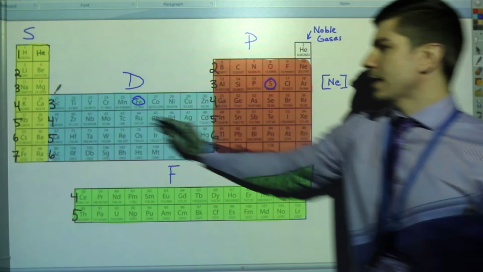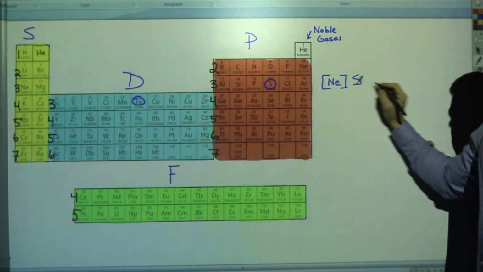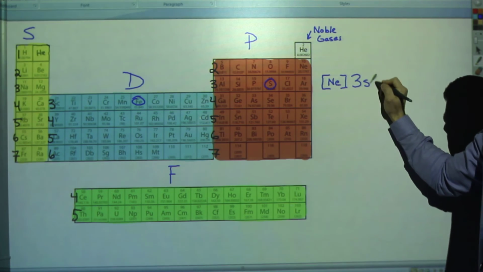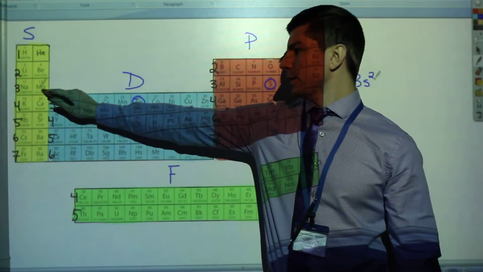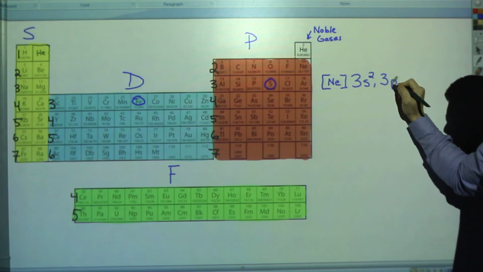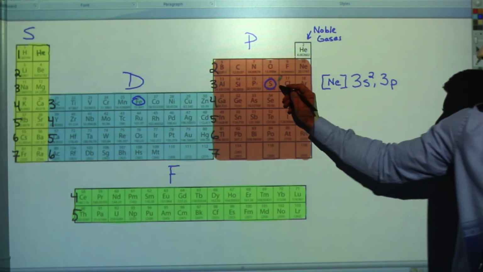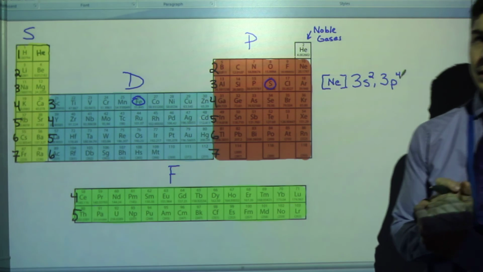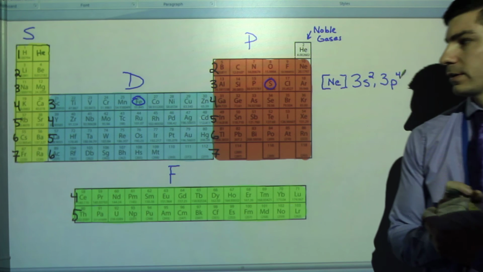We would have 3s2. After the 3s2, let's come over, and we are going to be at our 3p, and we're going to go over 1, 2, 3, 4 to hit sulfur. And that's all you do with the noble gas electron configuration.